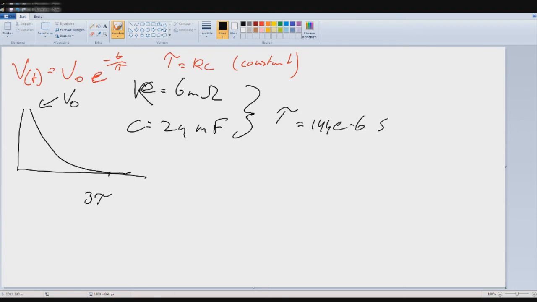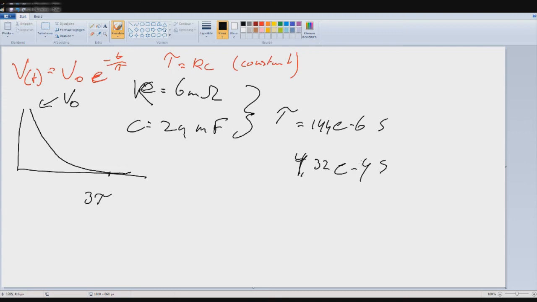So this is in the microseconds, 144 microseconds, and that times 3 is basically 4.3 E minus 4 seconds, which is almost nothing.